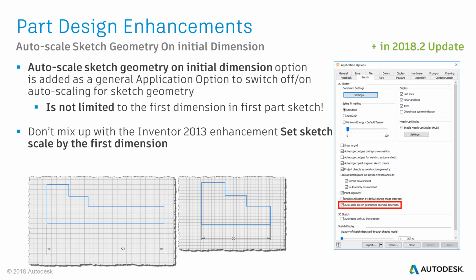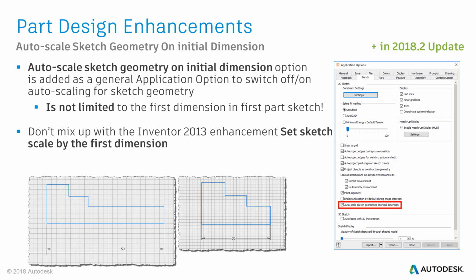Alright, to provide clarity on this enhancement, I need to go back to Inventor 2013. In that version, we introduced setting a sketch scale by the first dimension. In other words, the first dimension in the first part sketch determines the scale of the sketch. The limitation you had: after you place the second dimension, edits of the first dimension no longer change the sketch scale.